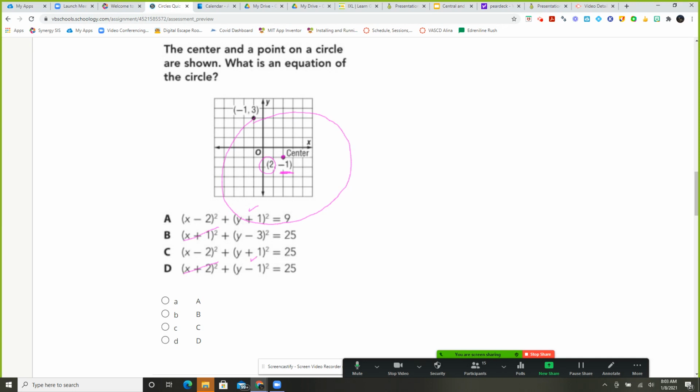Now I need to figure out what that radius is, right? Is the radius 3 or is the radius 5? So I can use the distance formula: the square root of (x minus x) squared plus (y minus y) squared.